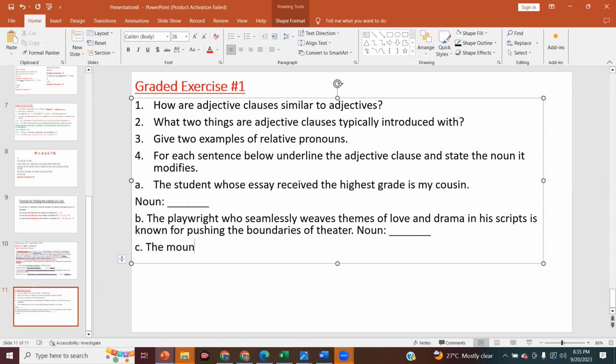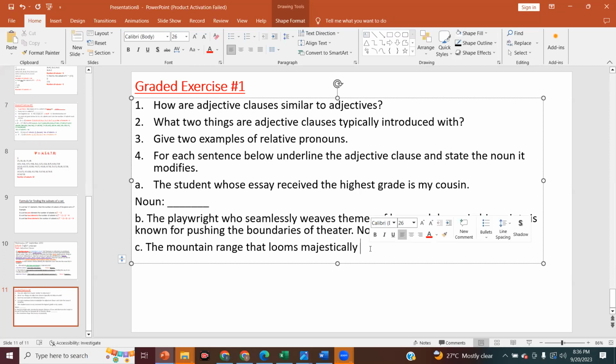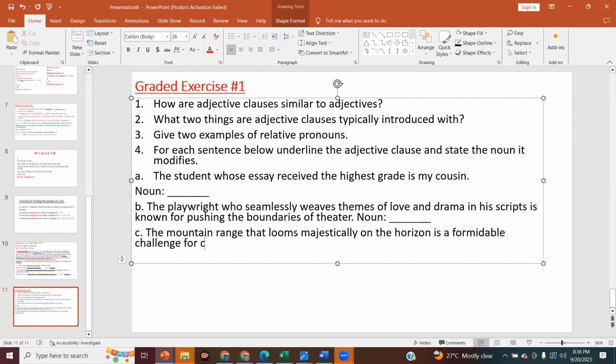The mountain range that looms majestically on the horizon is a formidable challenge for climbers.